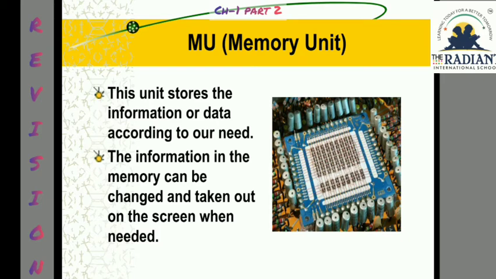The information in the memory can be changed. Whatever information is stored, we can change it and take it out on the screen, and whenever we require that information, we can again take it from the memory unit.